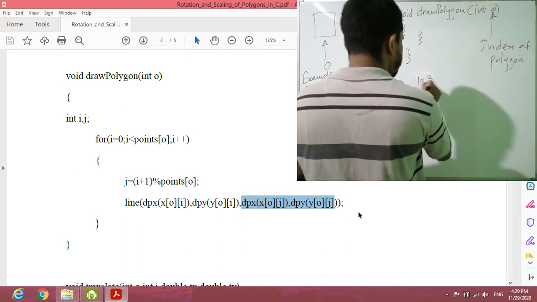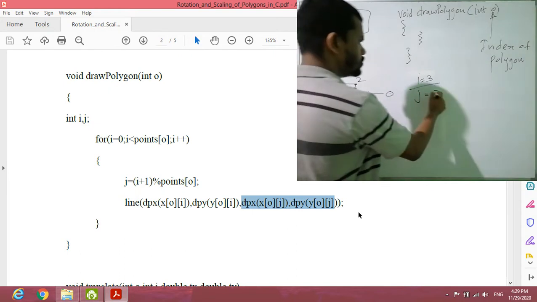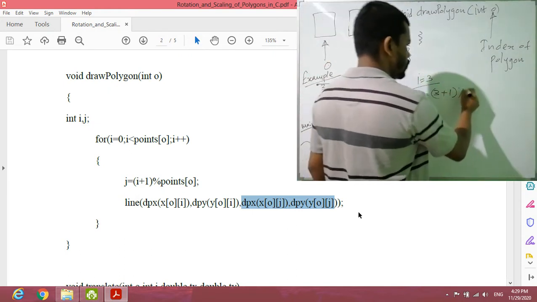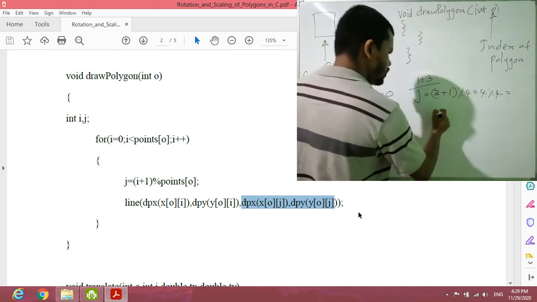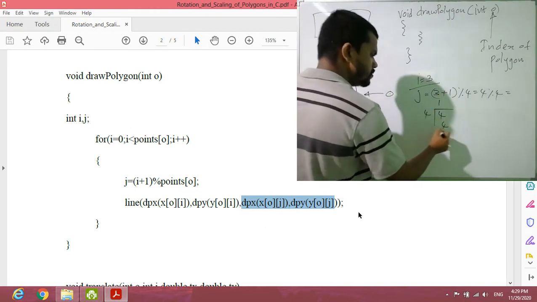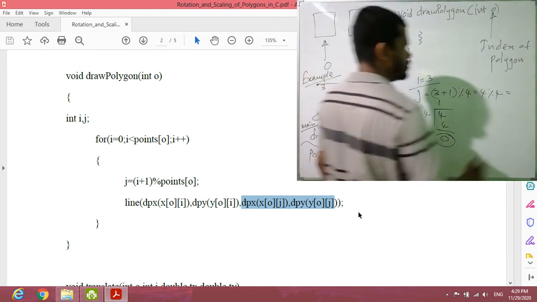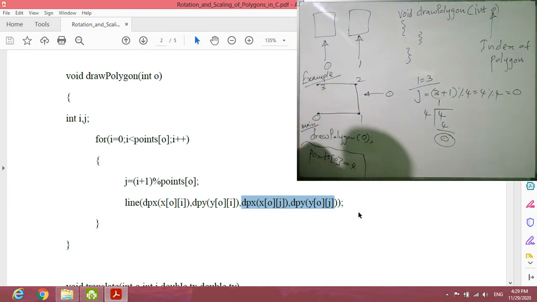And now we move to the next one, i equals 3. There we have 3 plus 1 modulo 4, that is 4 modulo 4. What is the value? If we divide 4 by 4, the quotient is 1 and the remainder is 0. The value is 0. Therefore, in the line function, here i is 3 and j is 0.